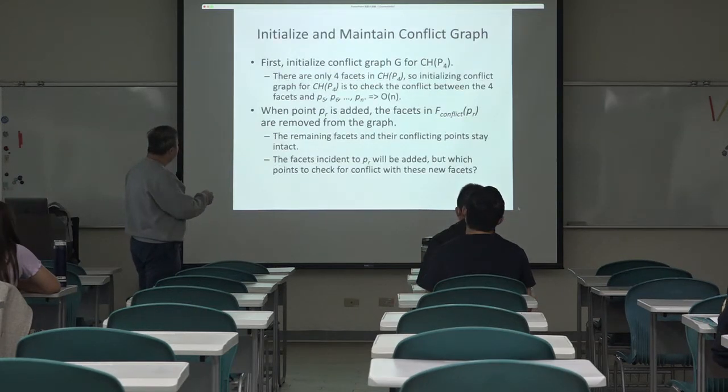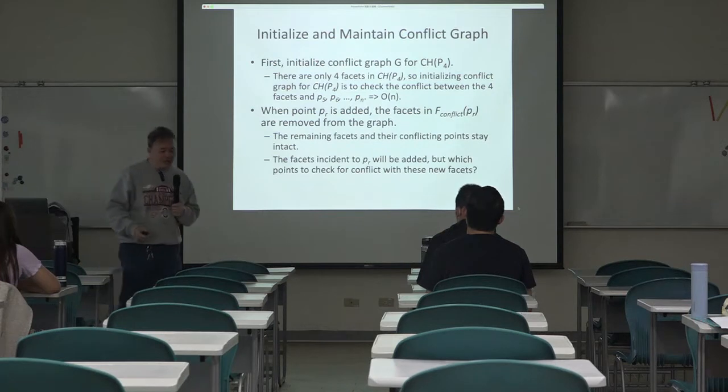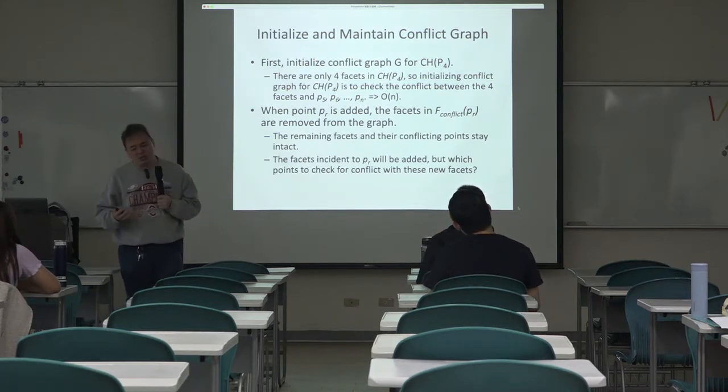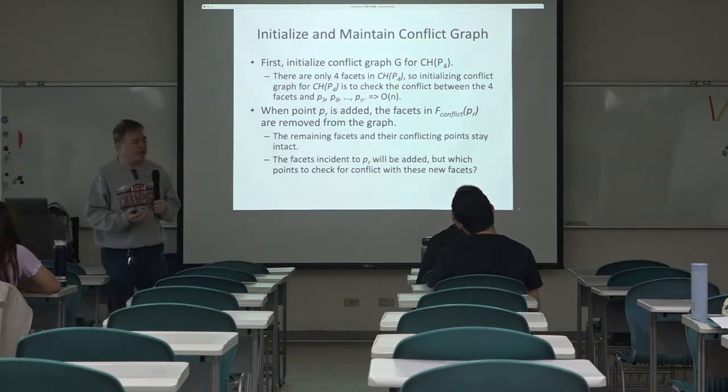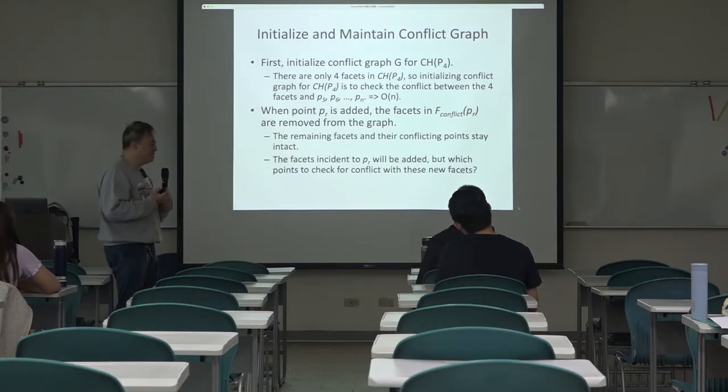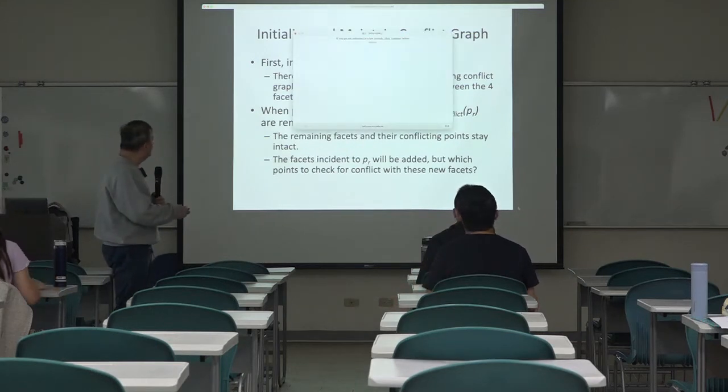Okay, so let's discuss the initialization and how we maintain the conflict graph. The initialization of the conflict graph: as I said, at the very beginning we start from the 4 points that are not on the same plane.